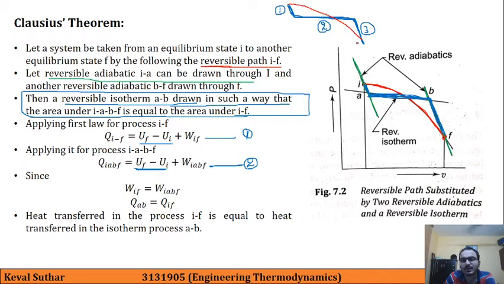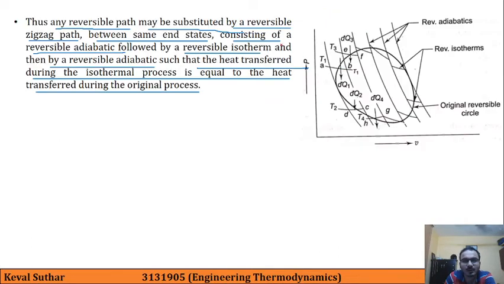So here we have replaced this process with a blue zigzag path, and the same statement is written in this here. Again, any reversible path, that red curve which was there in our previous slide, may be substituted by a reversible zigzag path between the same end states, that is I and F are not changing.